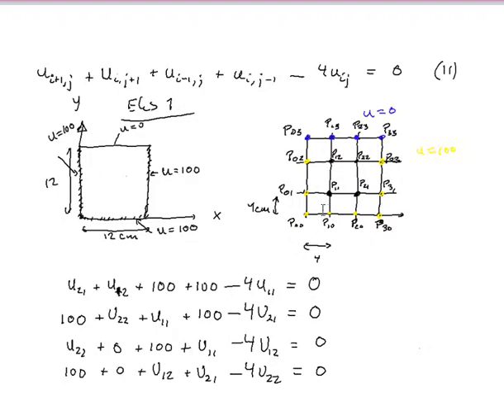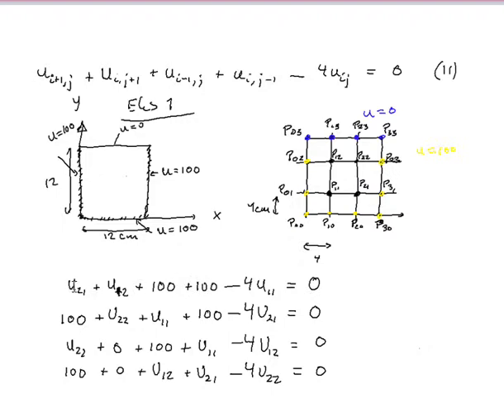Let's start with writing the equation associated with the point where i and j are both 1. Replacing i with 1 and j with 1 in this equation, we obtain this equation.